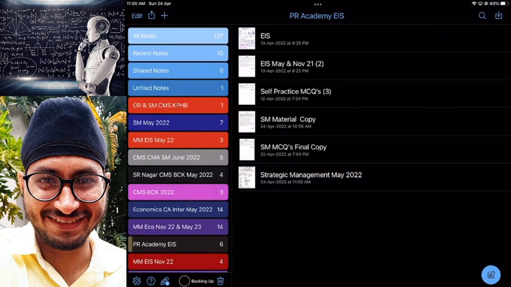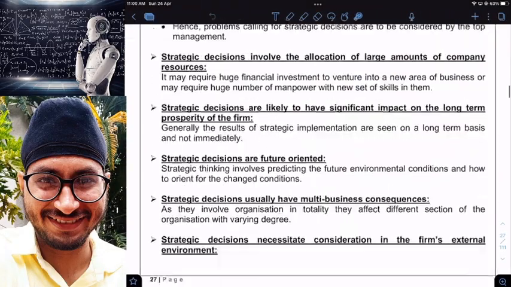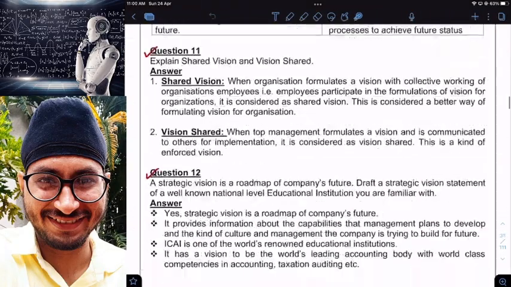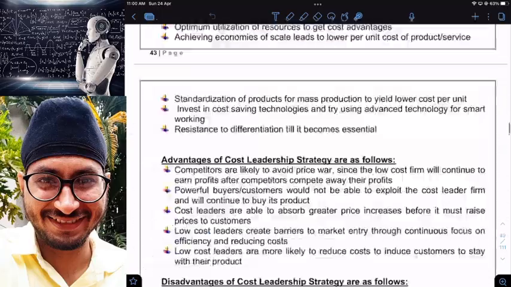Then let us go through once the amendments material. Normal materials, we have covered everything.